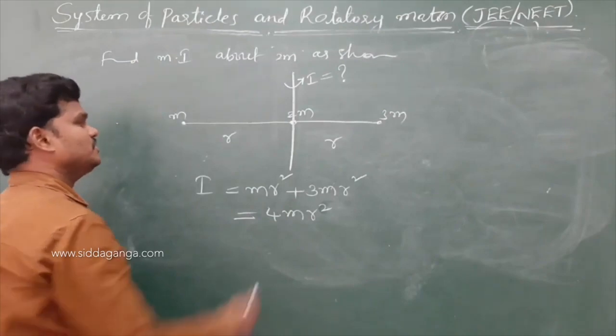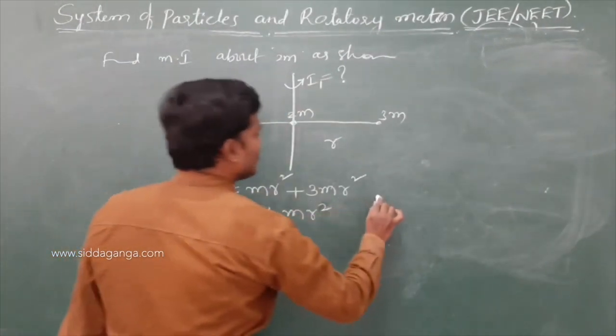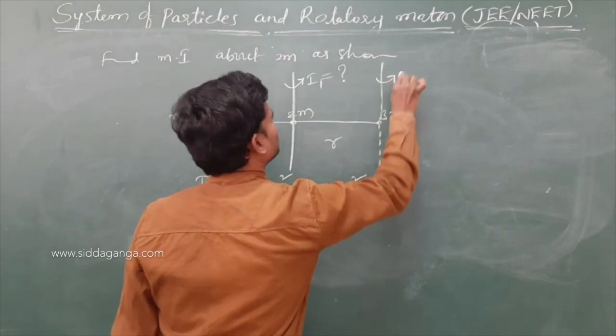Let us suppose this is I1. If they ask you to find about 3m, that is I2.